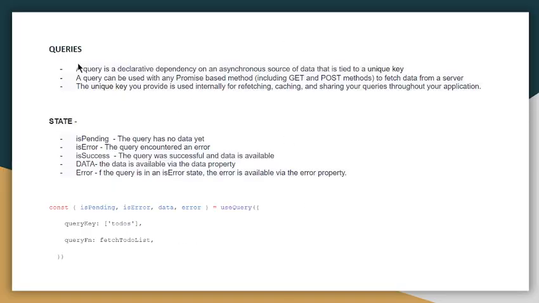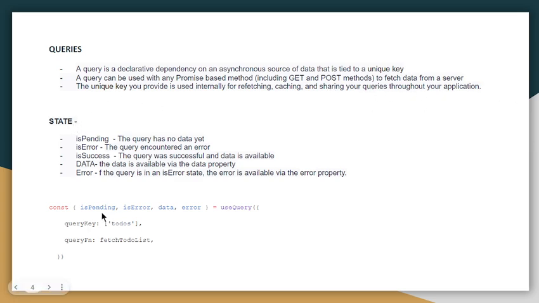So query handles all the GET requests from the server. You can provide a unique key so that we can use it for different purposes like refetching and caching, and to share the query throughout your application.